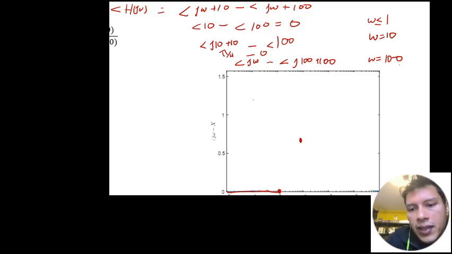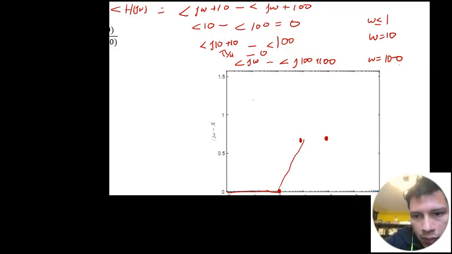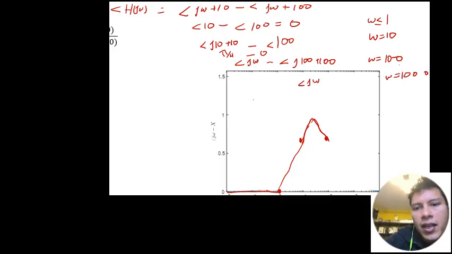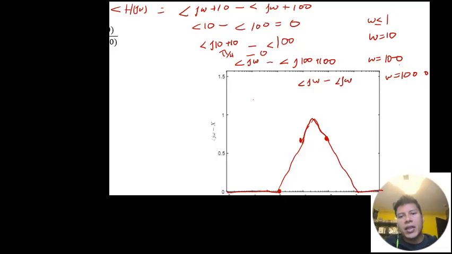So this thing will actually go up, and then it's going to go down to that. And then finally, when omega equals 1,000, we're going to have the angle of j omega minus the angle of j omega, which is just 0. So this is our approximation.